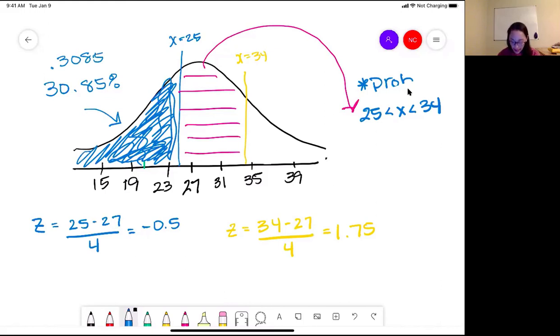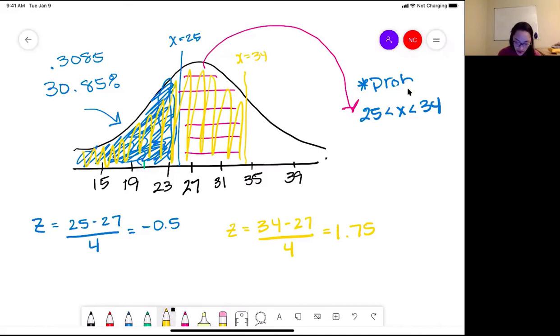Okay, and then our yellow shaded area is everything that's to the left of the z-score at 34, which we are saying is 95.99%, which makes sense, right?